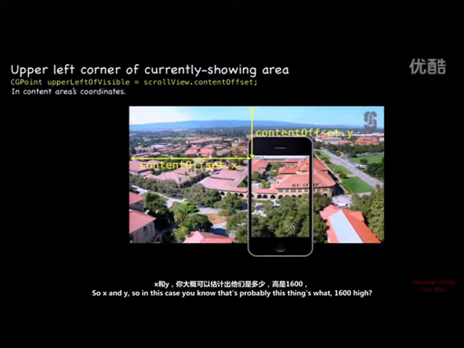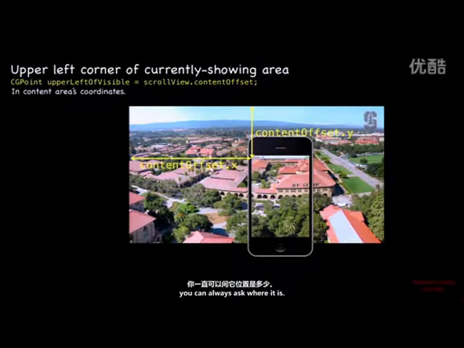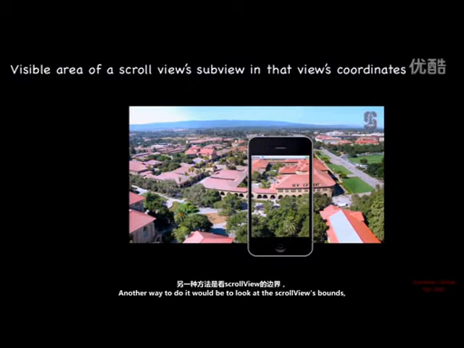So in this case, this thing's 1,600 high, so maybe 500 is the Y and the X is maybe 900 or something like that. That's where this thing is. And as it moves around, this contentOffset property is just constantly changing. You can always ask where it is. Another way to do it would be to look at the scroll view's bounds.